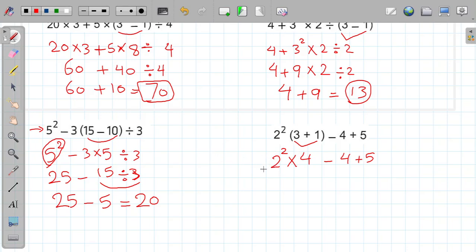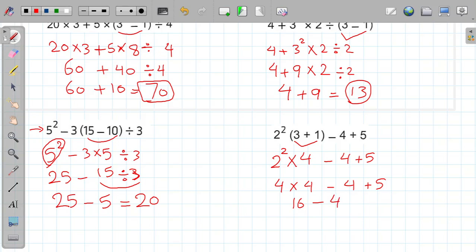First, we do the exponent. So 2 to the second power equals 4, times 4 minus 4 plus 5. 4 times 4 equals 16. We do the multiplication operation first.